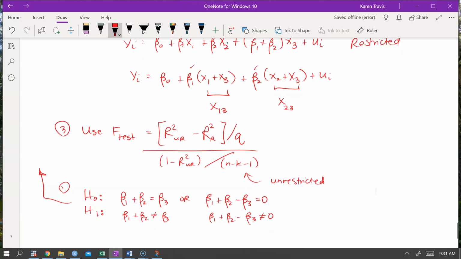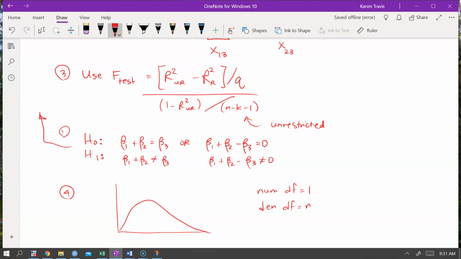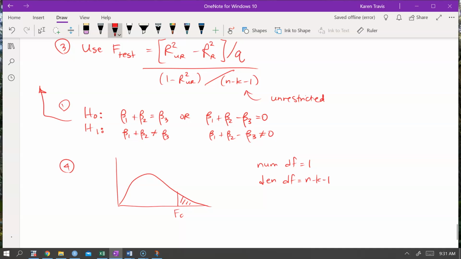And then we would generate our F test. We would have an F critical that has numerator degrees of freedom of 1 restriction, denominator degrees of freedom of n minus k minus 1. And we would see if we can reject the null.